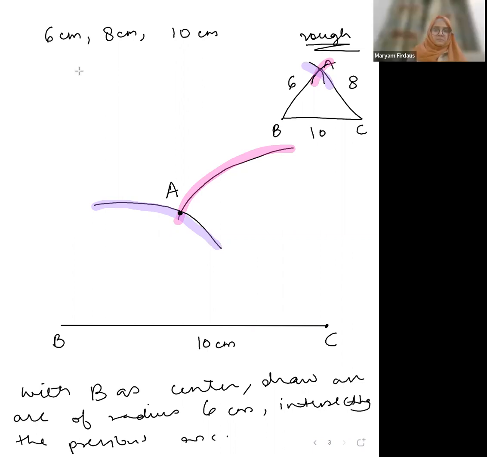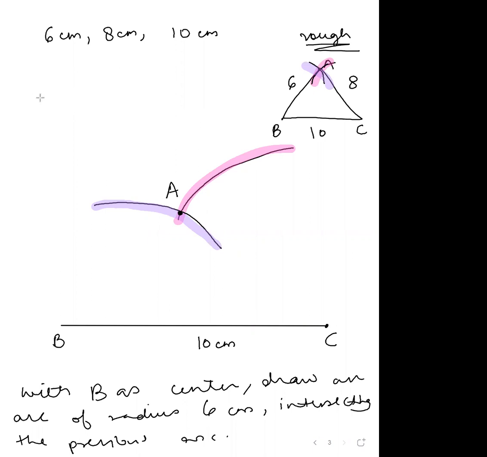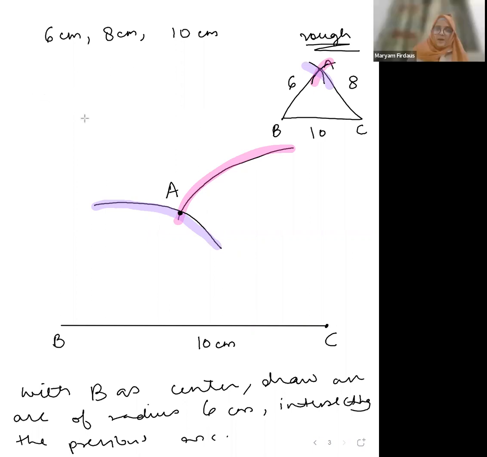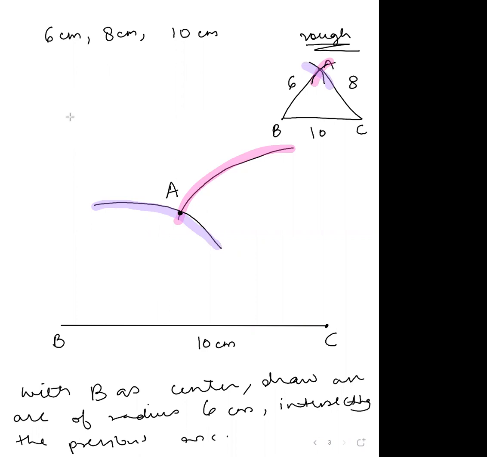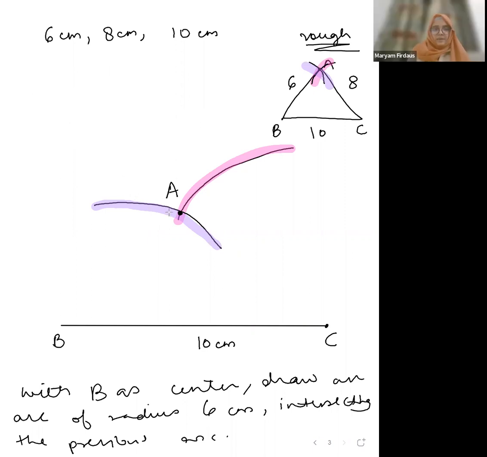Done? Yes. Okay. Now what's the next step? Now we will make a triangle. We are making a triangle step by step. We will connect B and A. Yeah.